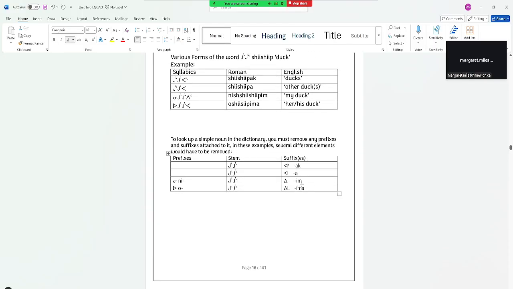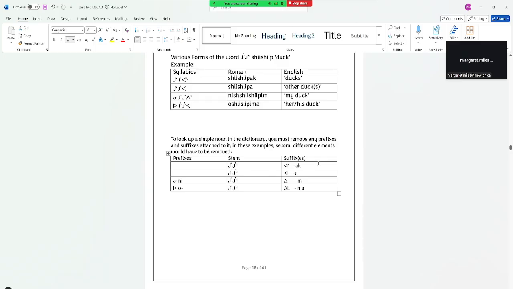So here's another example. If you were to look up the word shishib in the dictionary, you would have to look up duck, and you have to remove any prefixes and suffixes attached to it.